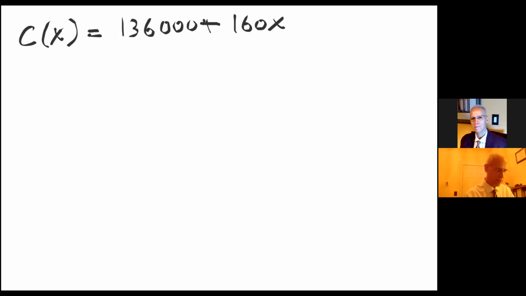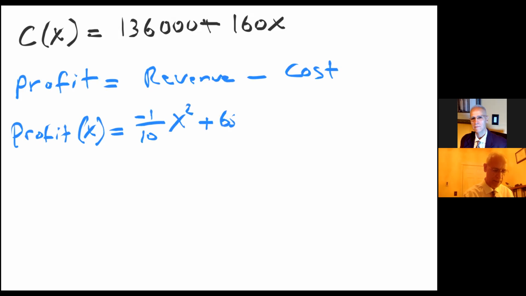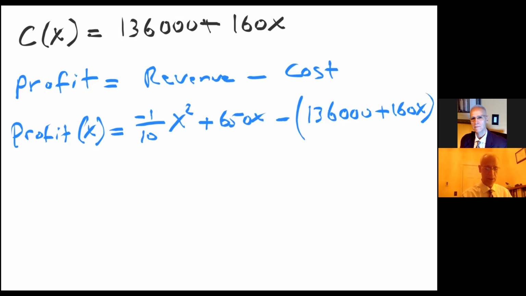And we also know that the profit equals revenue minus cost. So profit as a function of x equals the revenue that we had, negative 1/10 x squared plus 650x, minus the cost that is given to us as 136,000 plus 160x. Now this parenthesis here is very essential because now I have to distribute the negative.